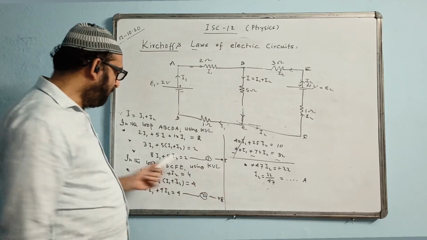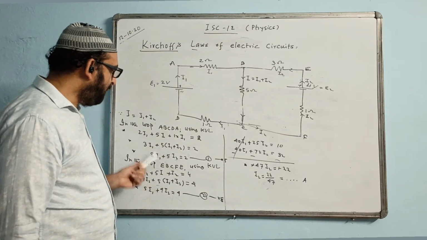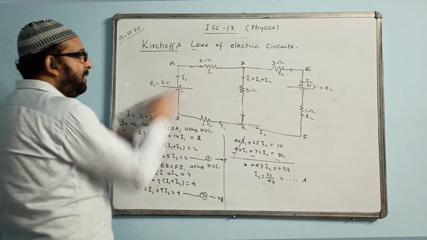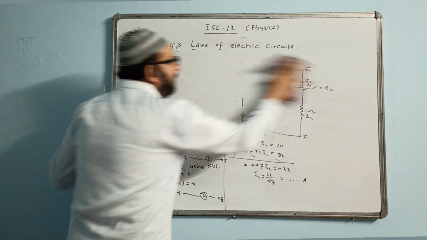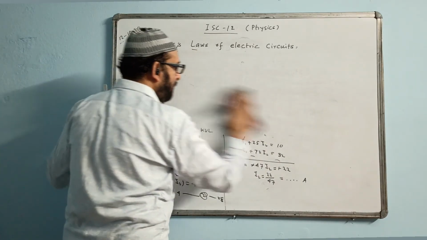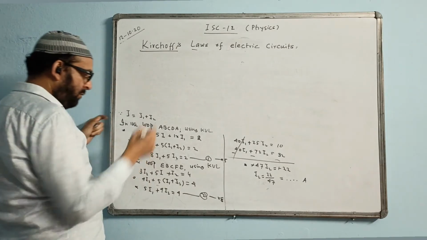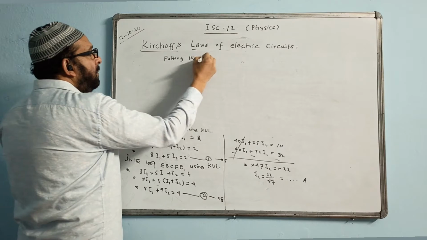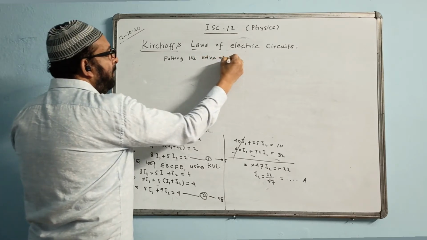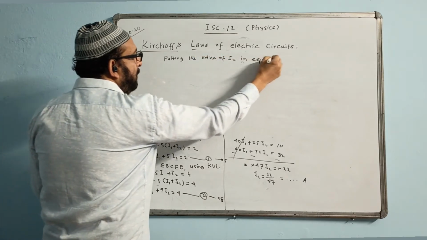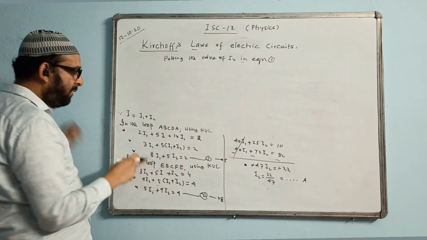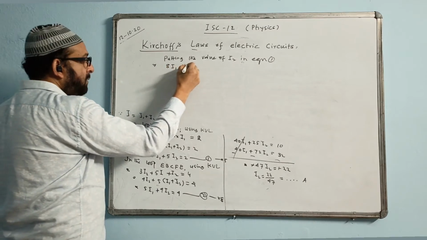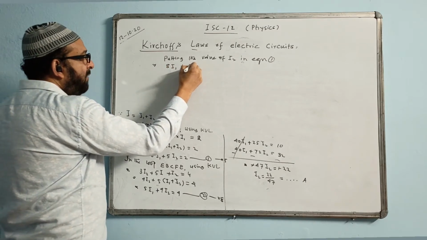Now the value of I2 will be put back in any one of the equations to find the value of I1. How to find? Putting the value of I2, I'll erase the diagram. Now putting the value of I2 in equation 1, or in any one of the equations, I'll put it here: 8I1 plus 5I2.